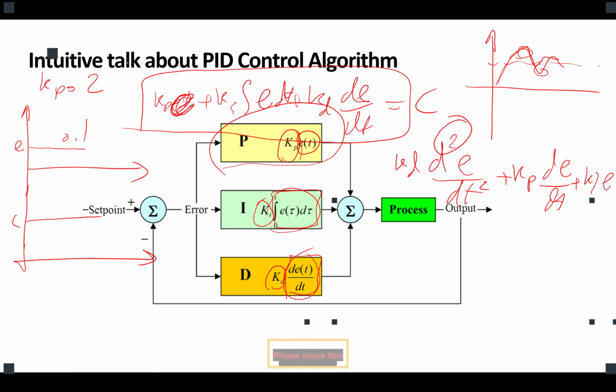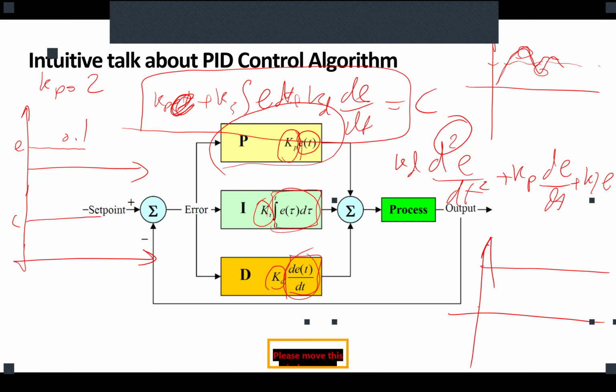Is that correct? This is my set point. I want to get to that. At time equal to 0, this is my error, correct? If I have 2, it would apply twice the error for time equal to 1, correct?